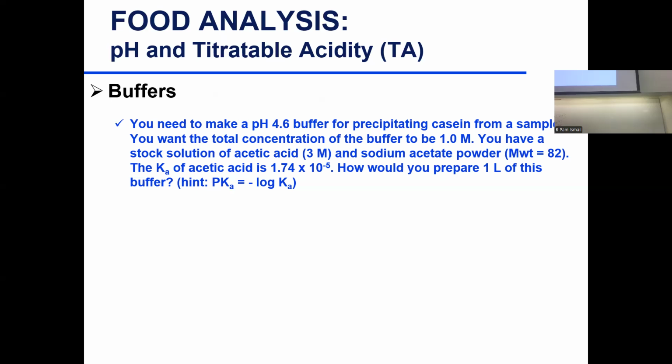So let's say I substitute HA by 1 minus A minus. Now I will be solving just for X. We have two equations, two unknowns. Algebra.